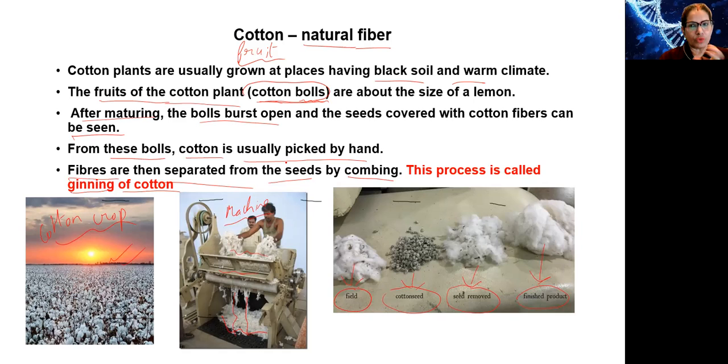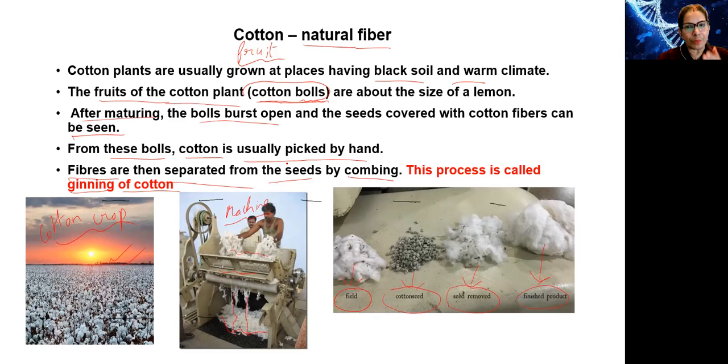When they are fully grown, they will burst out. And inside the fruit, we see the seed, just like any other fruit. Mango, inside there is the seed. Then you see plum, the seed is inside. Similarly, in the cotton ball, which is the cotton fruit which has matured, inside there is the seed, and around the seed there is this cotton fiber.